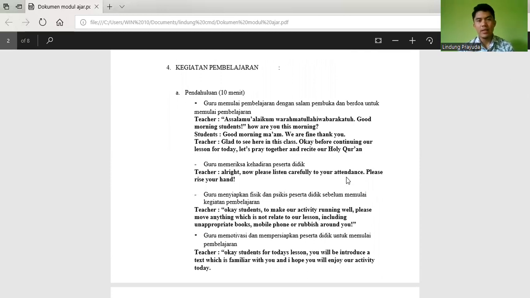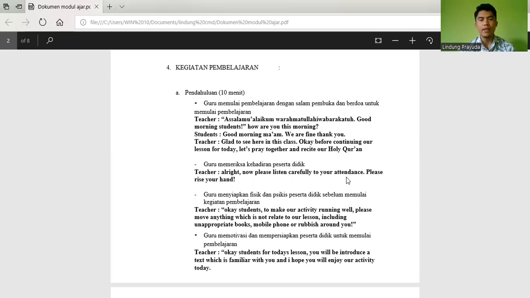In this space, we hope the students and teacher communicate and are ready to start the lesson. And then after praying and reciting the Holy Quran, the teacher checks the students' attendance, and then students prepare their physical and psychological state before starting the lesson.